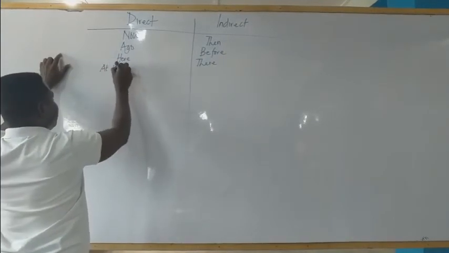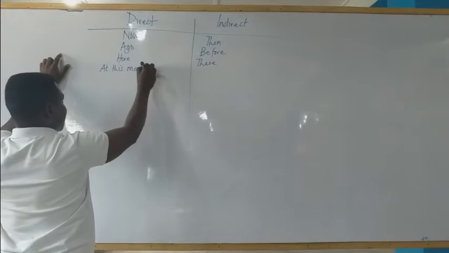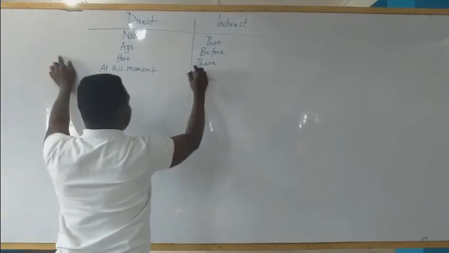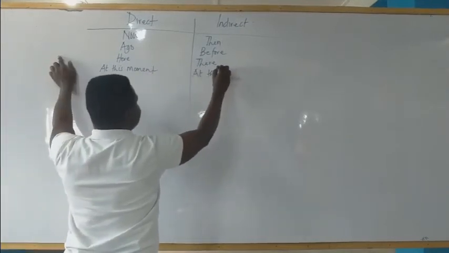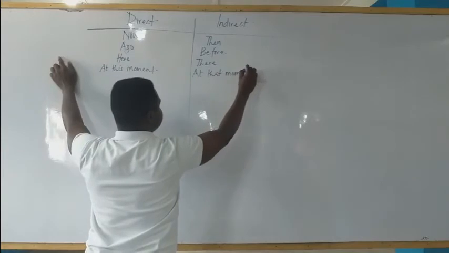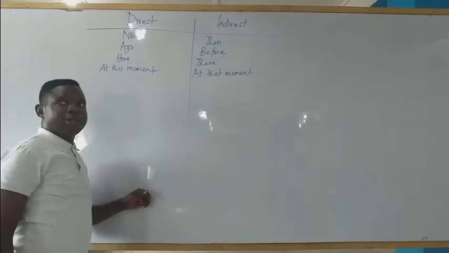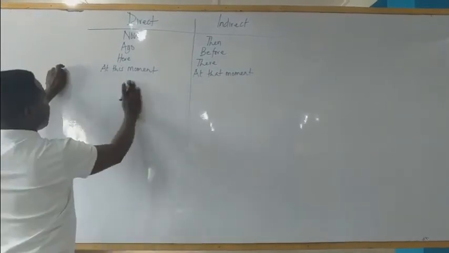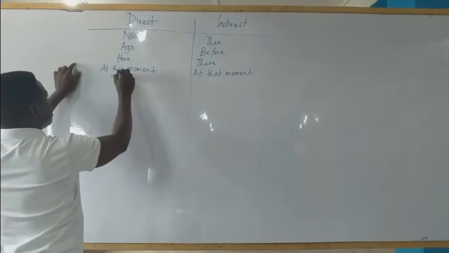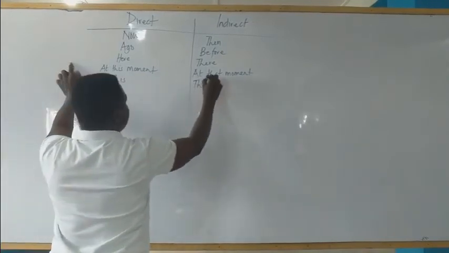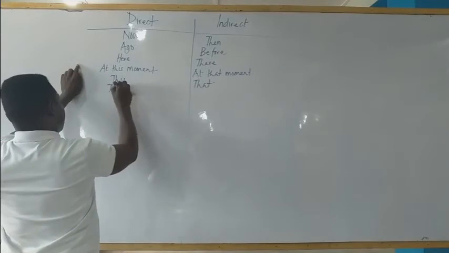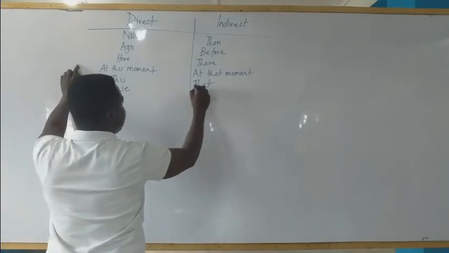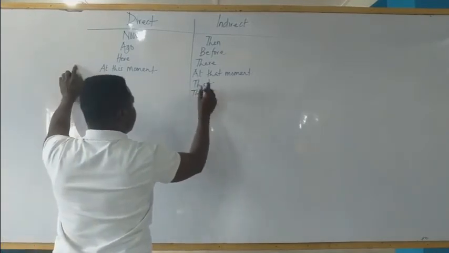At this moment, in indirect, becomes what? At that moment. This becomes what? That. This becomes what? Those.